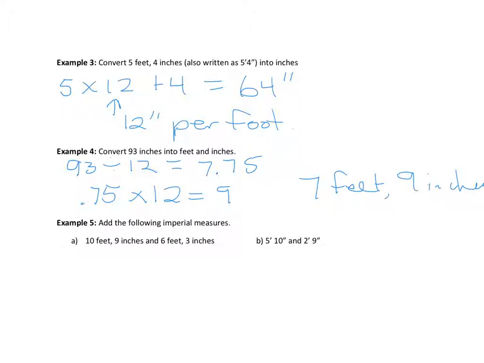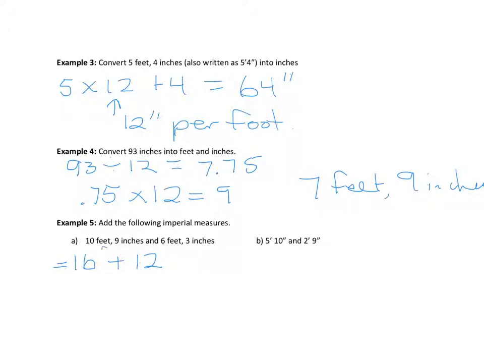Okay. So example 5, let's add the following imperial measures. So we're adding 10 feet 9 inches and 6 feet 3 inches. So if we do that, we're going to get 16 feet. We're adding the feet together and we're adding the inches together. So we get 16 feet plus 12 inches.